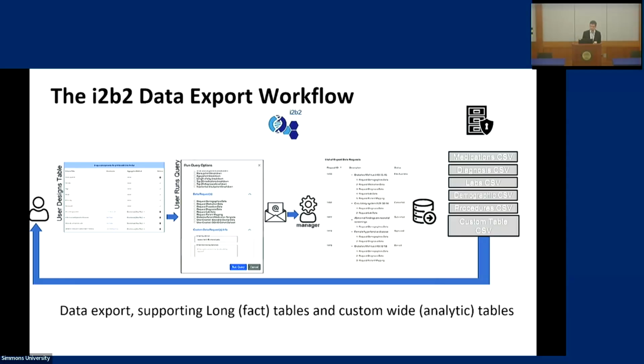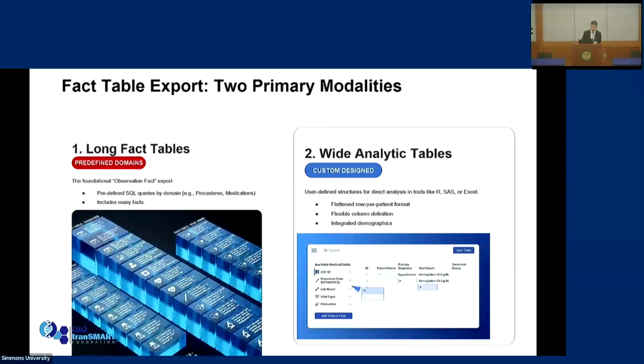They can also choose to annotate the data request with comments that the user will see, or they can reject the data request. And then those files are generated and passed back to the user.